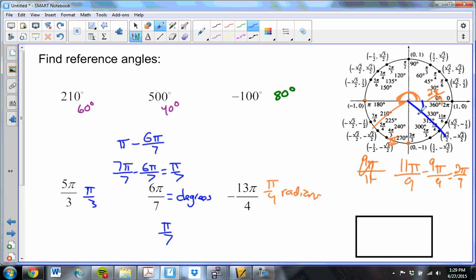Finally, if I was at some random place in quadrant 4, like say I'm here, and we'll say that's 17 pi over 5. Just some random spot to make up. 17 pi over 5 is way too big.